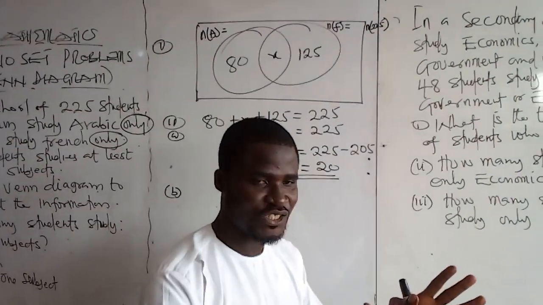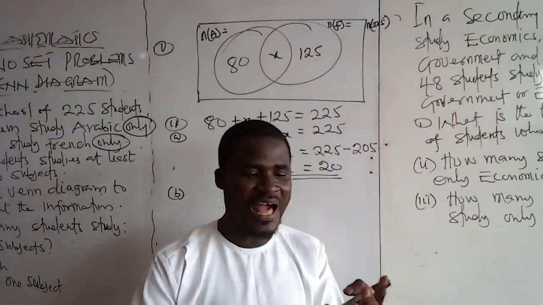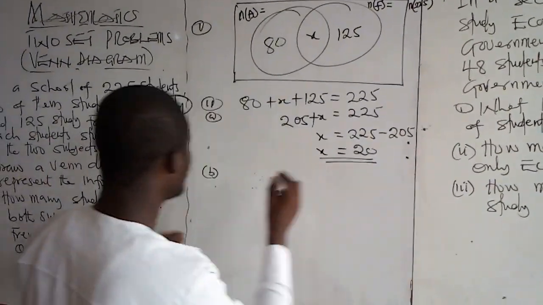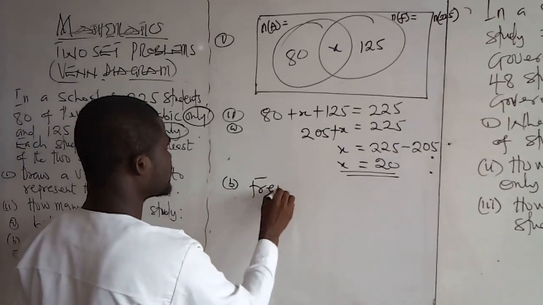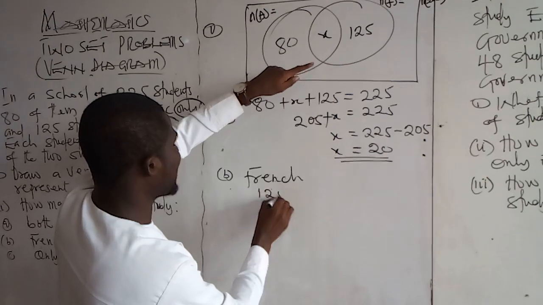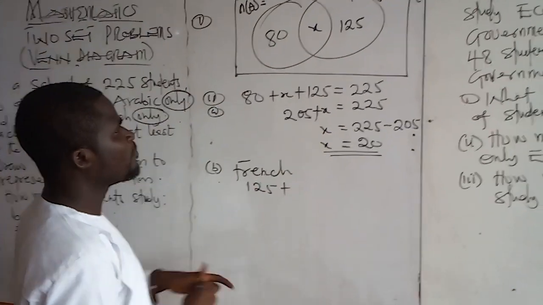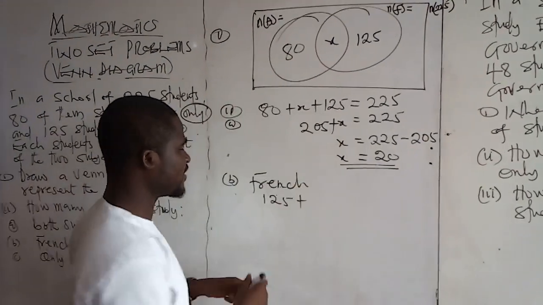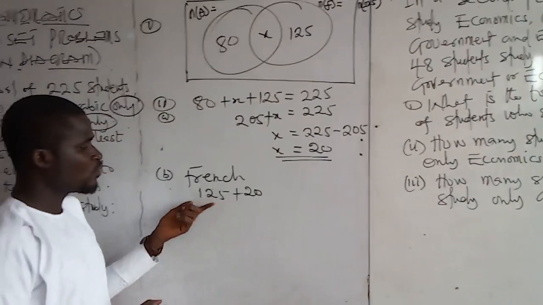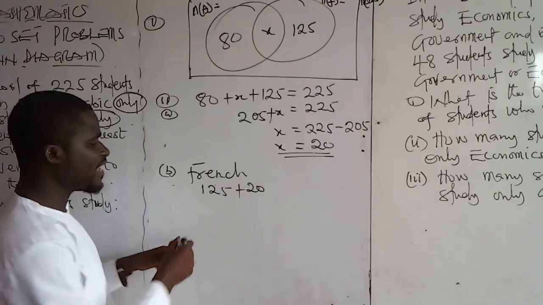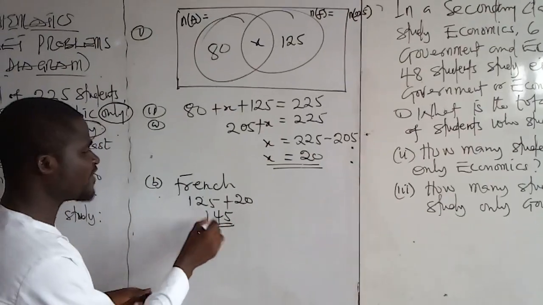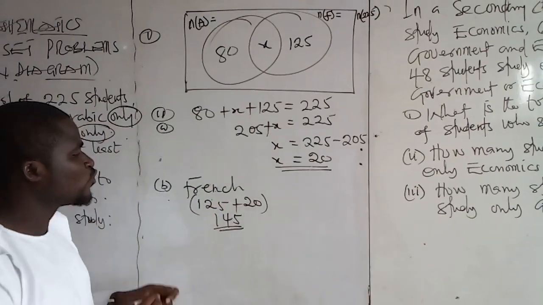To get those who study French, you add French only plus those who study both subjects. French only, we had 125, plus both subjects, we had 20. So add it. 125 plus 20 will give us 145. So this 145 here represents those who study French.